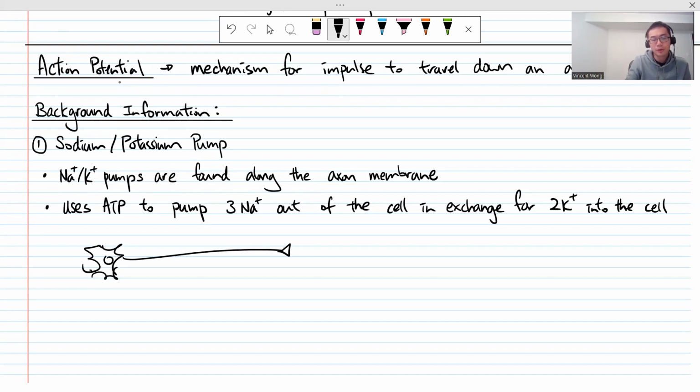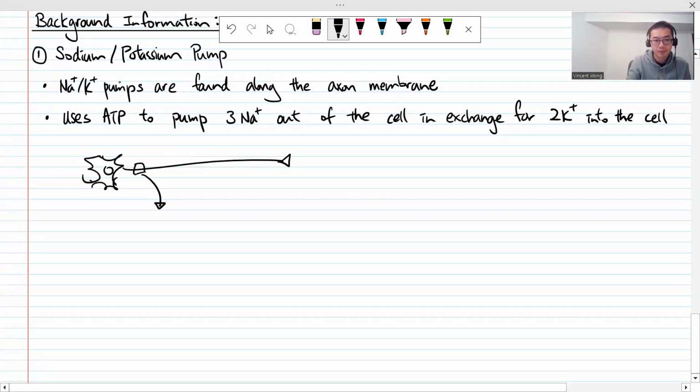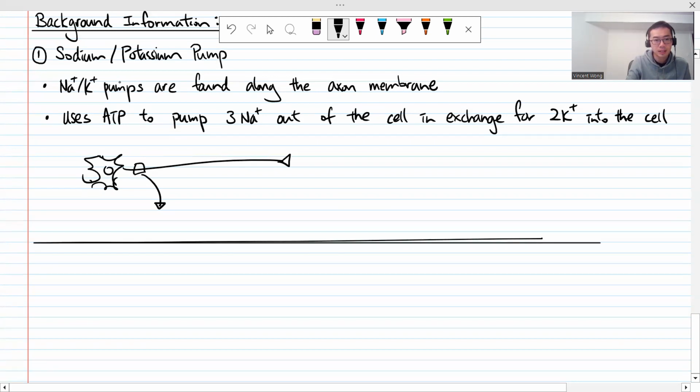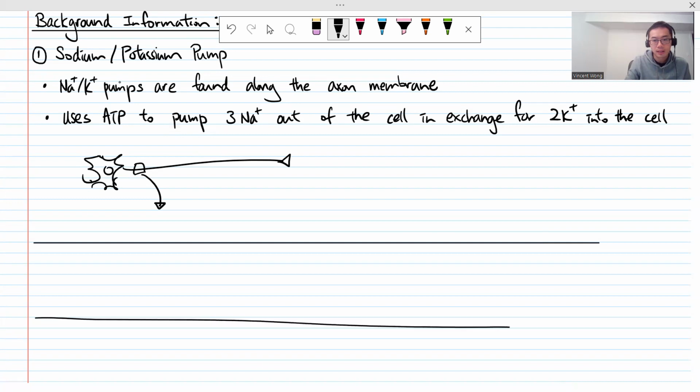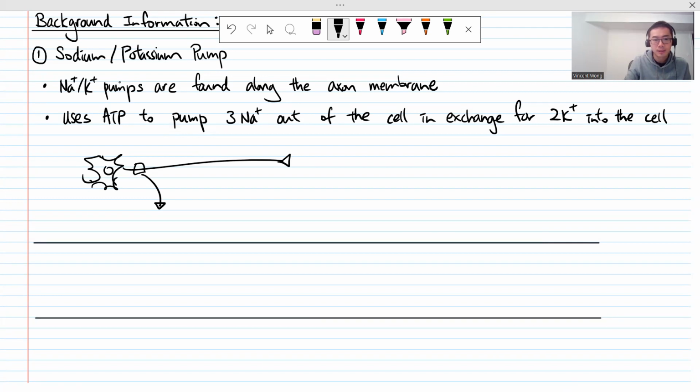So here is the neuron. We're just going to take a piece here and zoom in. I am not drawing the myelin to keep it simple. Big drawing here, guys, if you could. This is the cytoplasm, the inside.